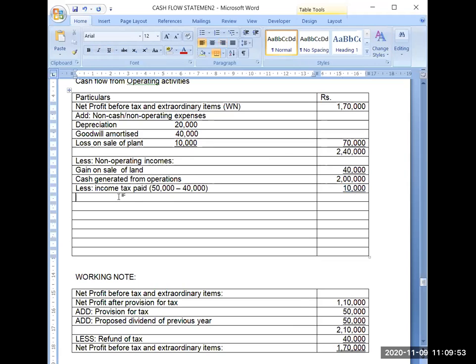So now my net cash flow from operating activities is equal to 1,90,000. This is the answer.